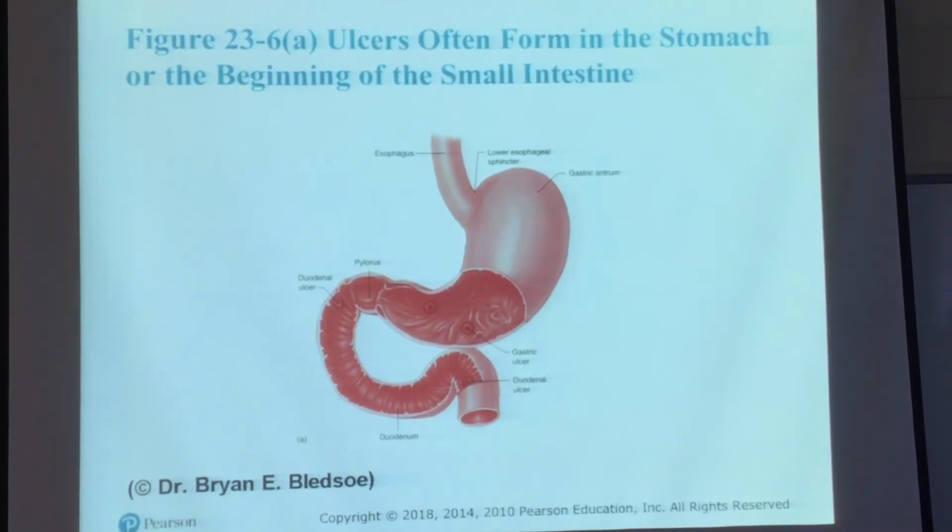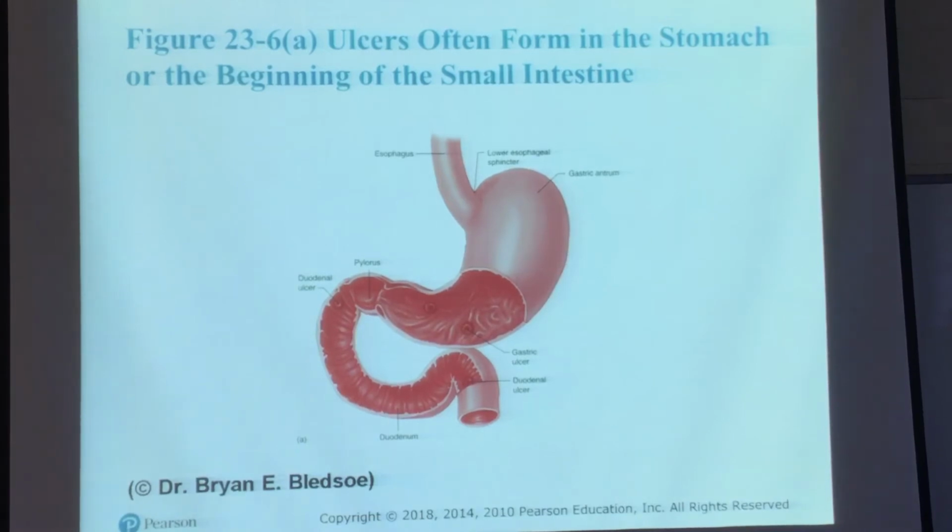So upper and lower GI bleed, the difference again is the upper GI bleed will cause more of a coffee ground type emesis as a result of it being digested with the gastric juices and the high acidic content, and as it transits through the intestinal tract, the stool is more black, tarry like.